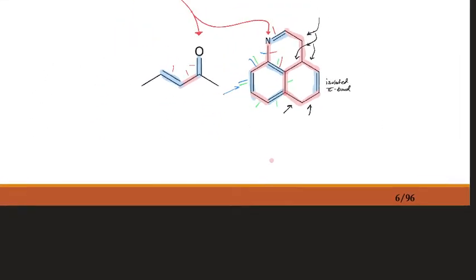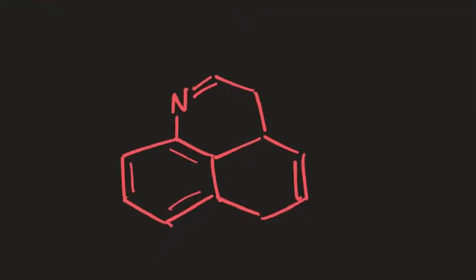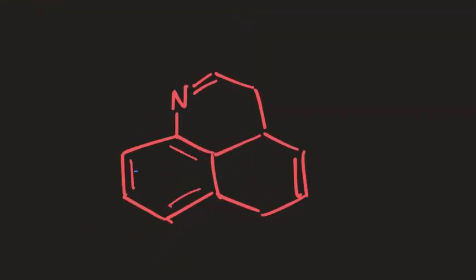Ultimately, I could take the one on the right. Let me draw that again. All right. And we could take the benzene component of it and draw a resonance form like this.